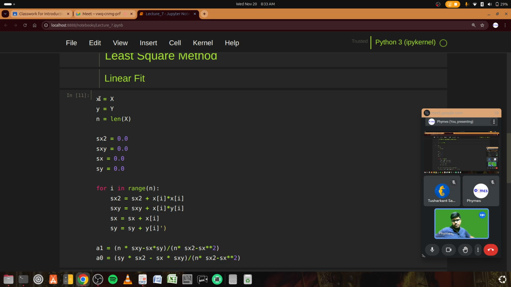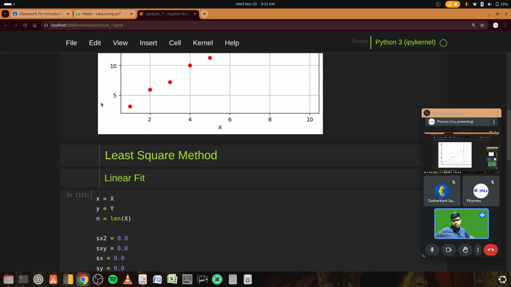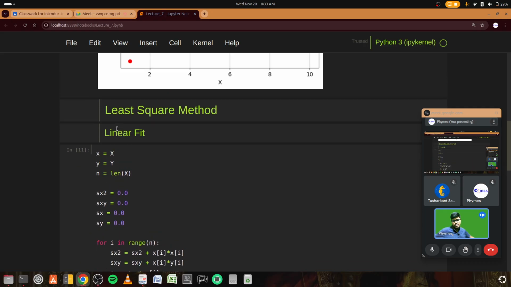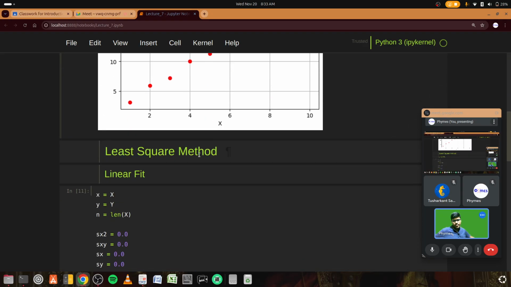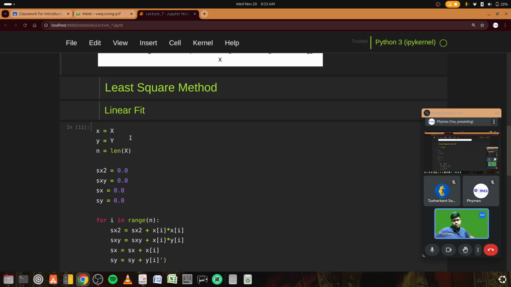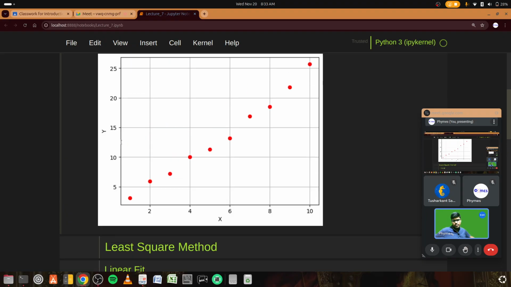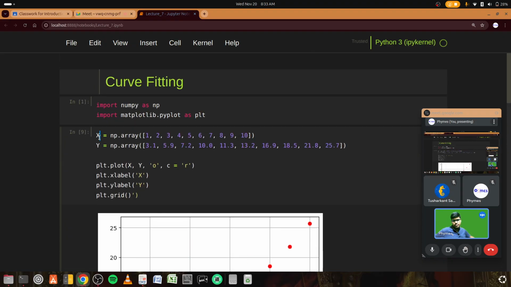The x data points are actually this. So this x is capital X, that means the small x or the x data points are actually this array here, and this y is the capital Y. Or if it is confusing, then we can also write it like this. These are the voltage values and these are the current values.